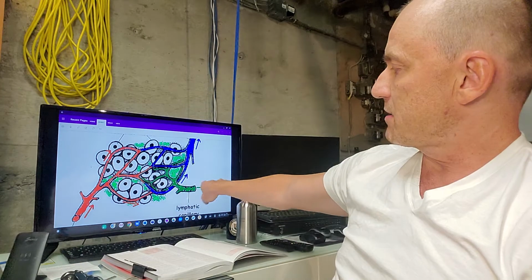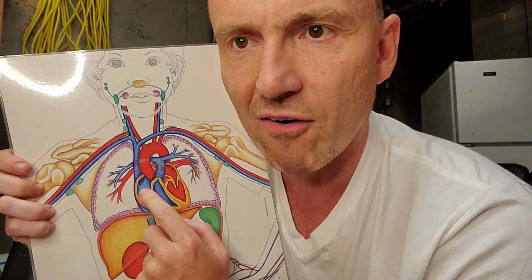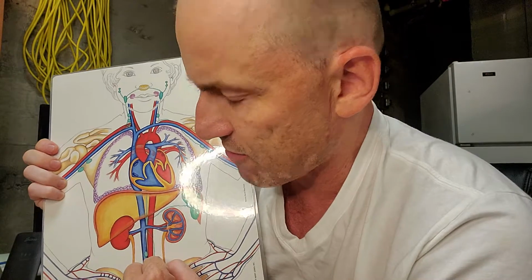And so where these lymphatic capillaries go is to lymph nodes. There's no diagram of it here, but I have it here. You can see the green represented as green. These are the major lymph vessels, and there's lymph nodes here. These are your tonsils here.